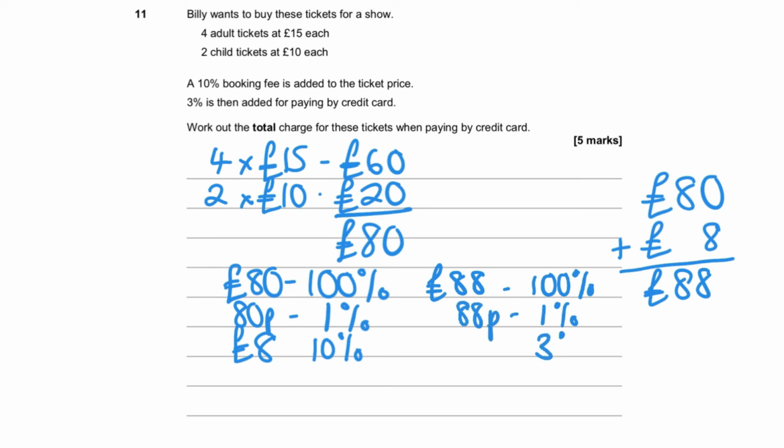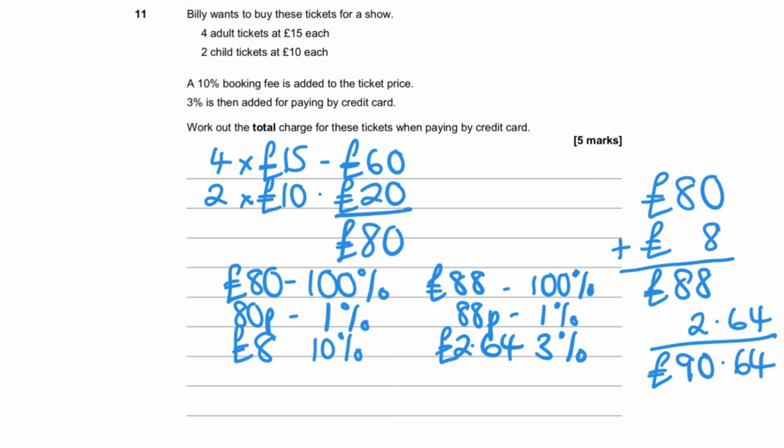And then to get 3%, we need to times that by 3, so that gives us £2.64. So we can add that on to our £88 over here. So we've got £2.64 added together. So the total is going to be £90.64. So it's £90.64 is the total charge for these tickets when paying by credit card.